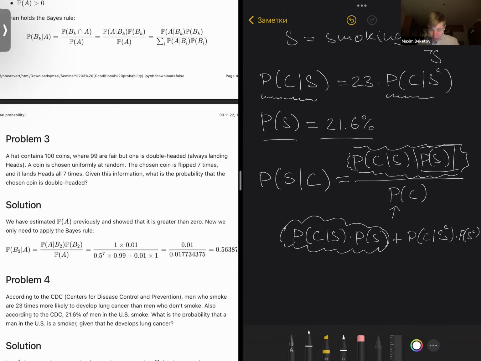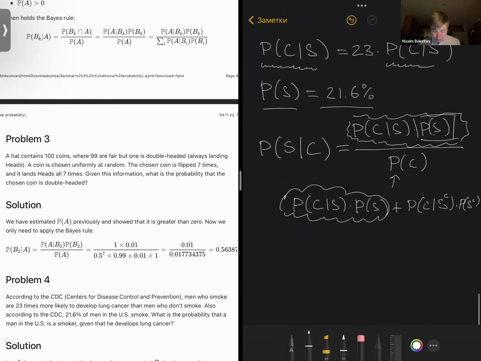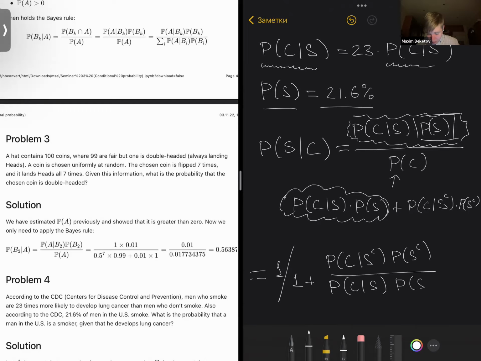Okay. So we can divide both the numerator and the denominator by the numerator, and we would have 1 over 1 plus what? This thing. So P of C given S complement, P of S complement, and P of C given S, P of S.